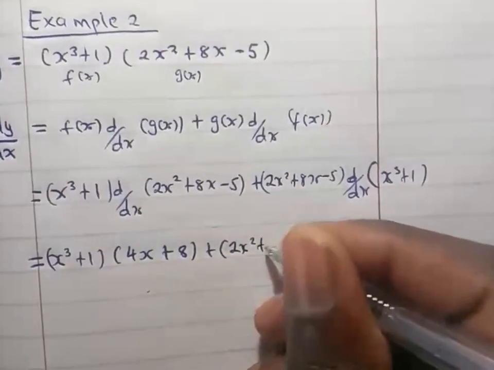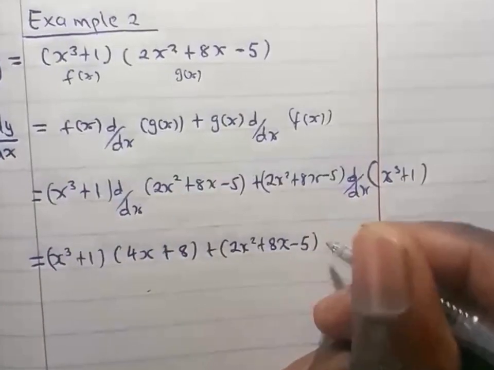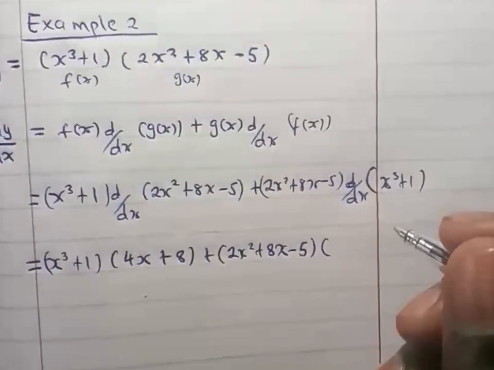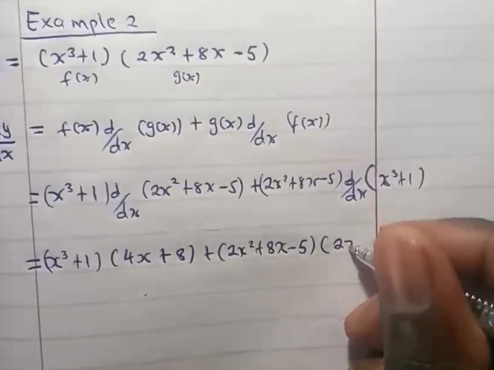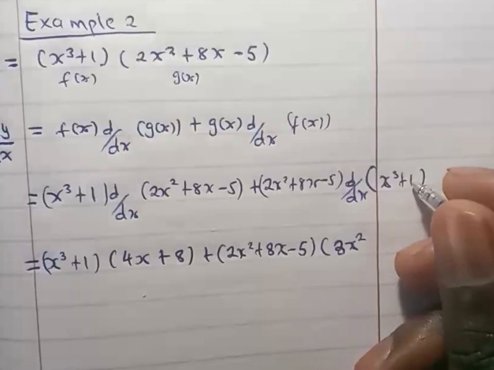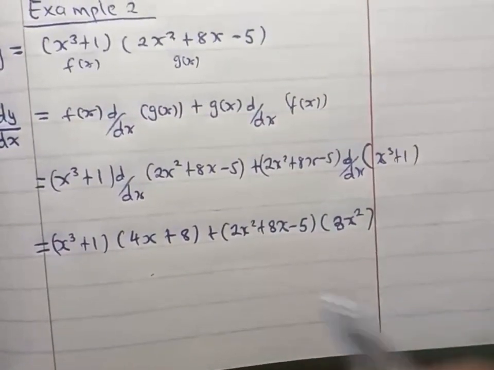Plus 2x squared plus 8x minus 5. If we differentiate x cubed with respect to x, we are going to get 3x squared. If we differentiate 1 with respect to x, it goes to 0.